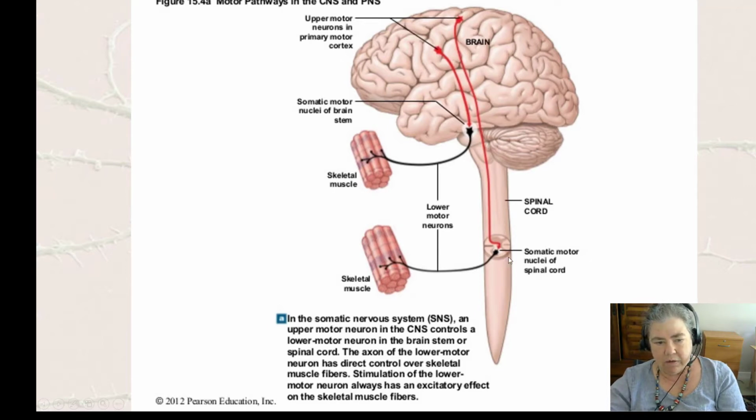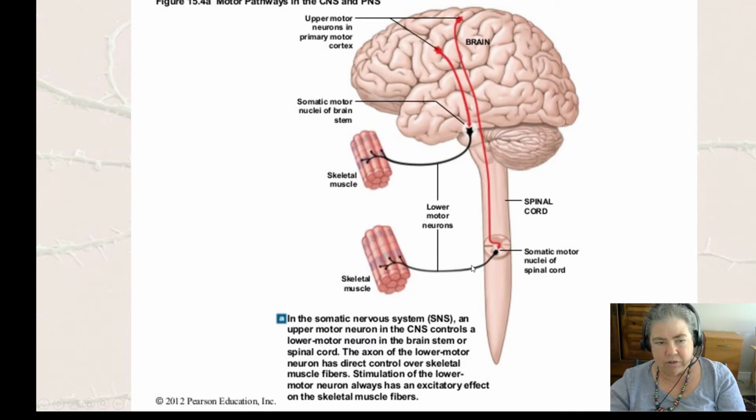And there are interesting things that happen. There are differences in the effects of severing a lower motor neuron and an upper motor neuron. If you sever a lower motor neuron, you get flaccid paralysis, so just paralysis and atrophy of the skeletal muscle.